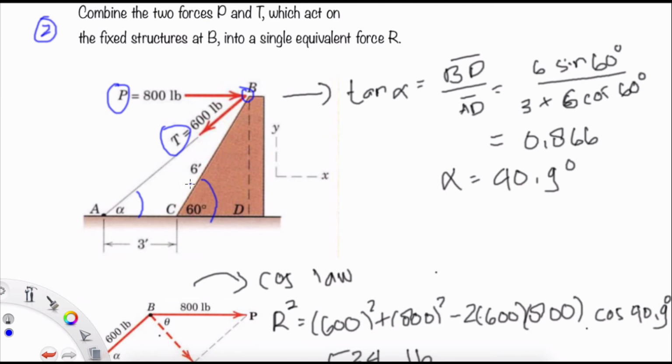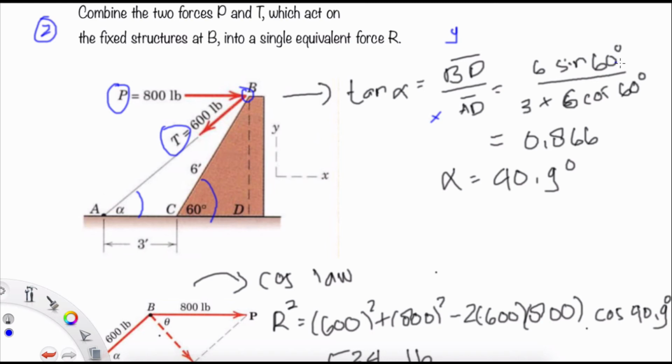So by using this, we can use the previous equation. BD is y, and here is x, so in the y direction divided by the x direction.